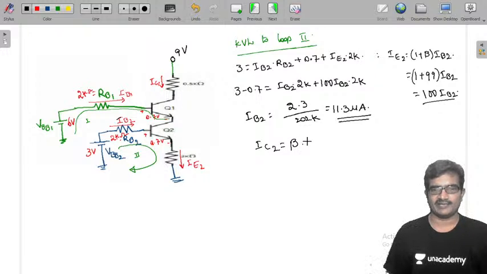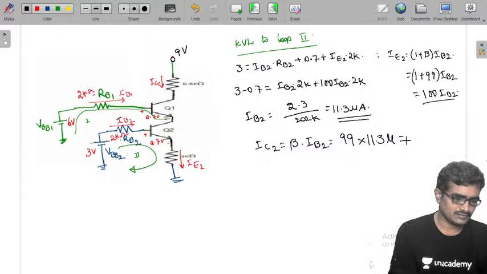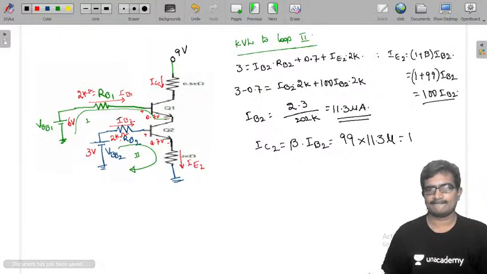IC2 is beta times IB2, because they have given the same beta for both transistors. That is 99 into 11.3 micro, which is 1.11 milliamperes.